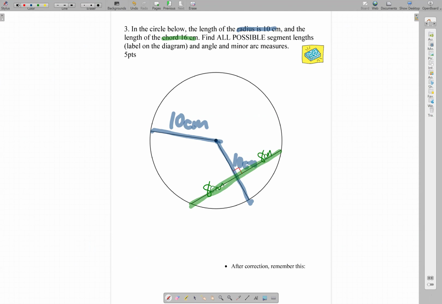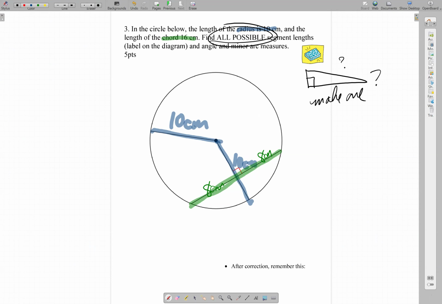And it says find all possible. You're like, there's nothing there. Okay, I'll give you a little hint in a circle. If you're like, I don't know what else I can find, it seems like everything's labeled, you ask yourself, is there a right triangle? And if there's not a right triangle, can you make one?